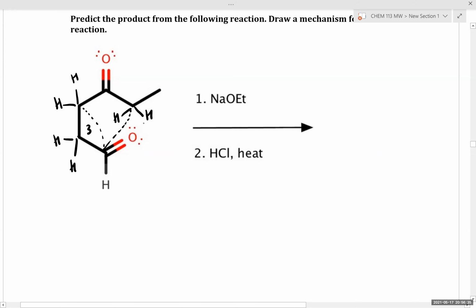This would be a 5-membered ring. This would be a 3-membered ring. Of our choices, we know 5-membered rings are preferred. So then we'd pull off the alpha position that would give the 5-membered ring. So we deprotonate our alpha position and we generate our enolate.